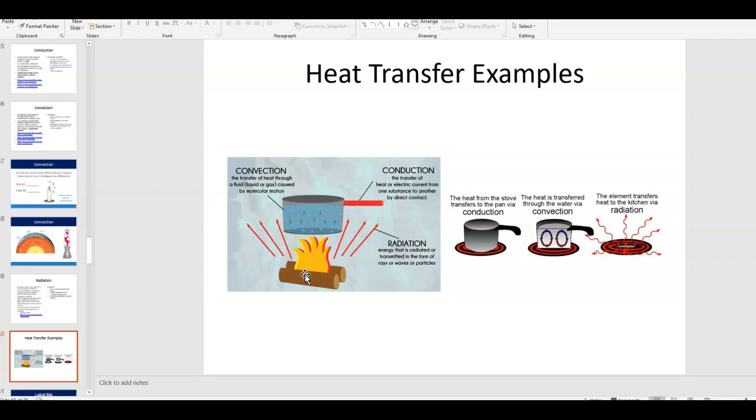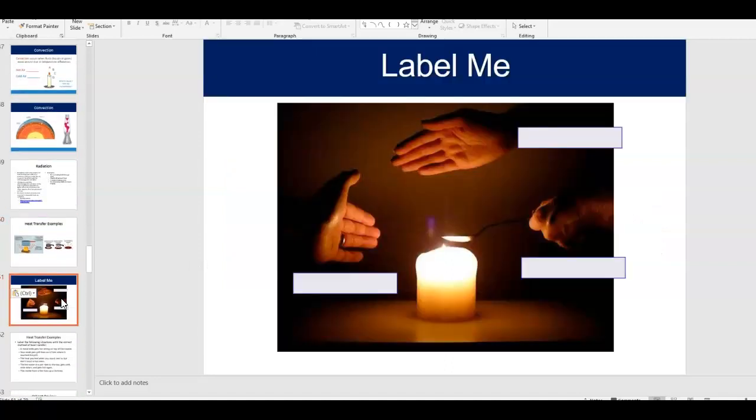Convection is the heat rising up from the logs. And the radiation, you can feel the heat from the fire even if you're standing off to the side, not directly above the fire. If you look at the picture on the right, you can also see some more examples of heat transfer by conduction, convection, and radiation.